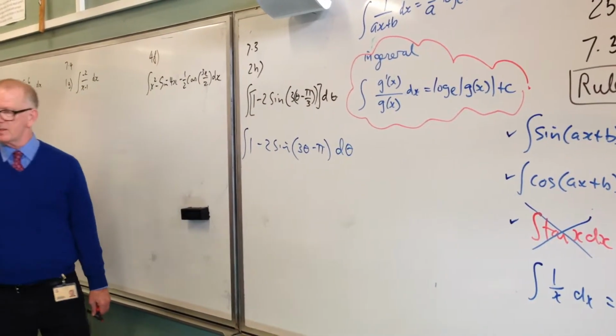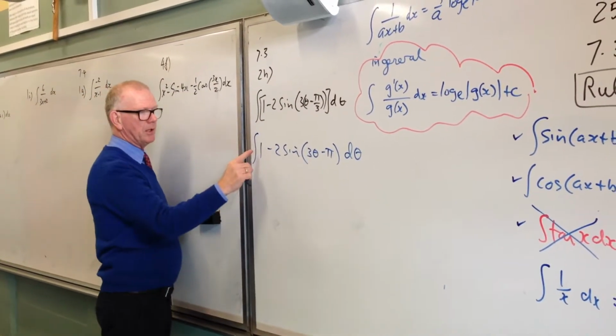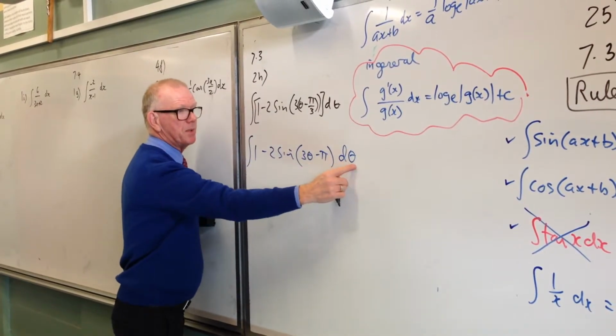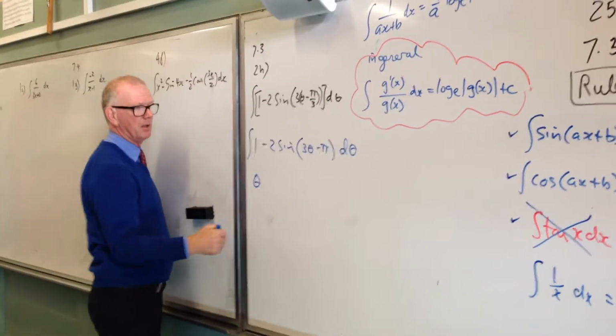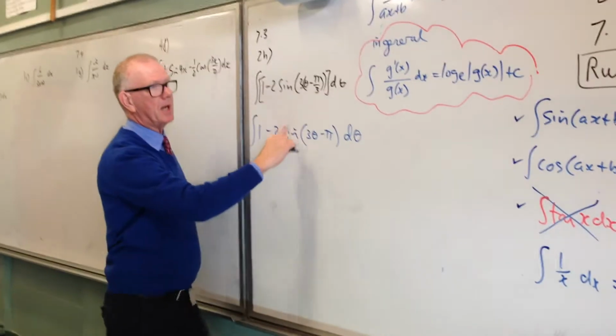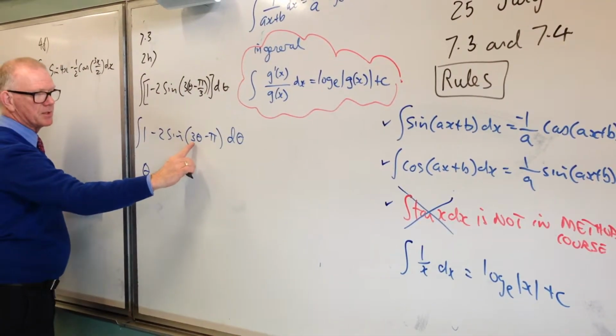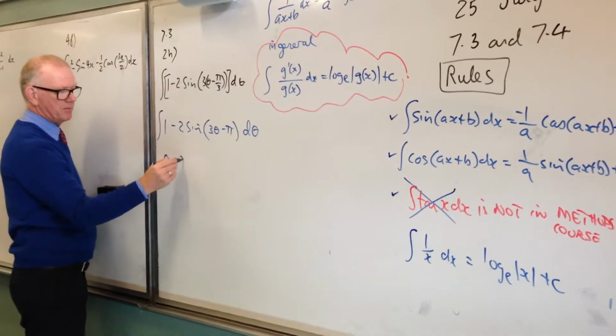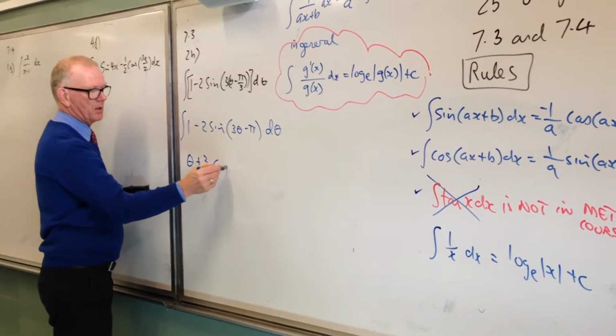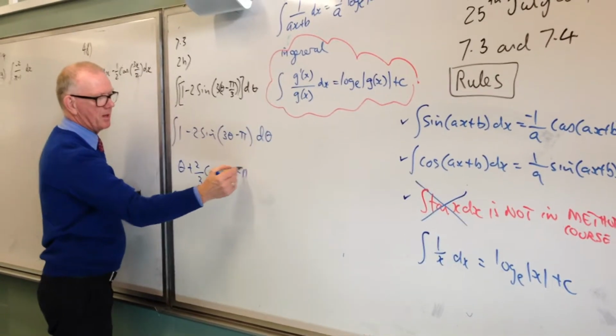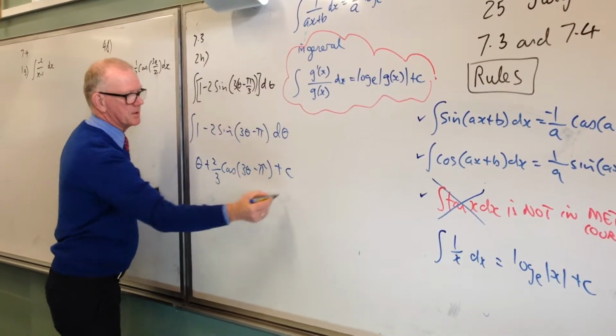So it's about theta that you're taking the integral. The integral of 1 with respect to theta becomes theta. The sine becomes a negative cosine, and I've got a 3 inside here, so it's going to be positive 2 on 3 cos of 3 theta minus pi plus some constant c.